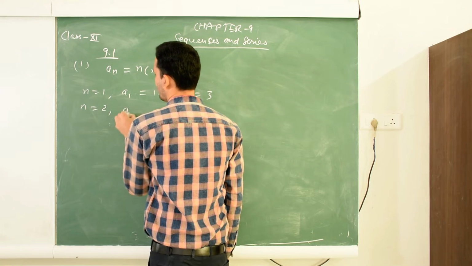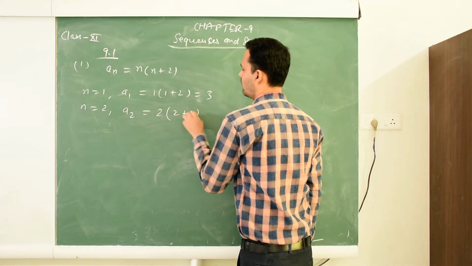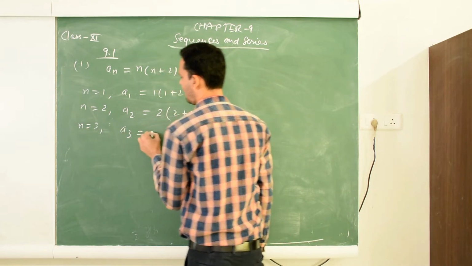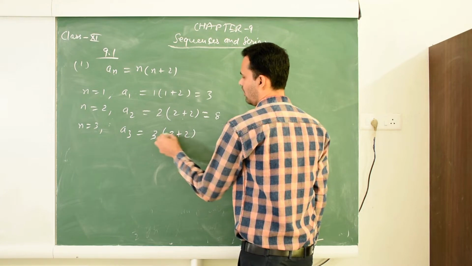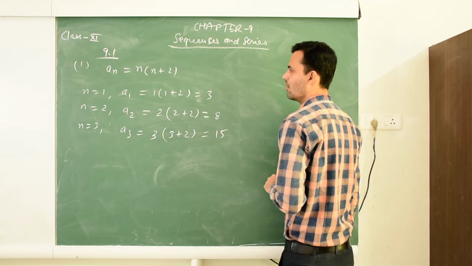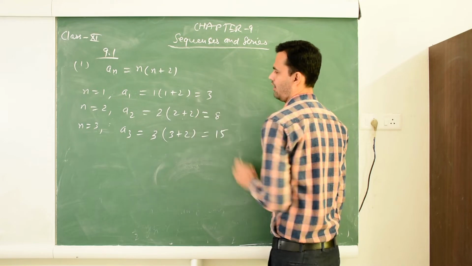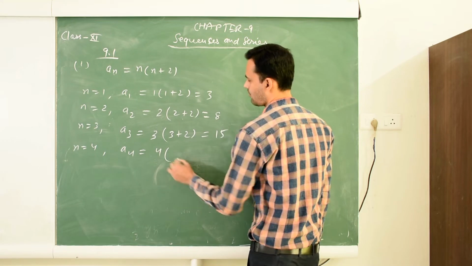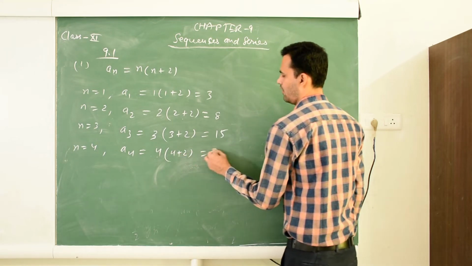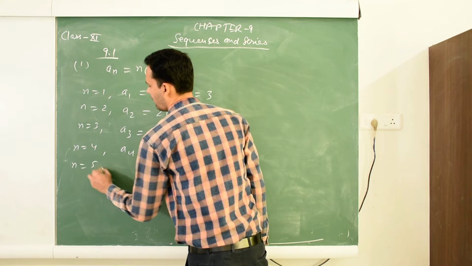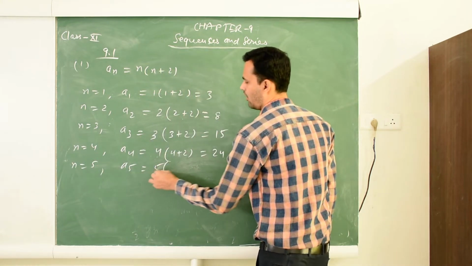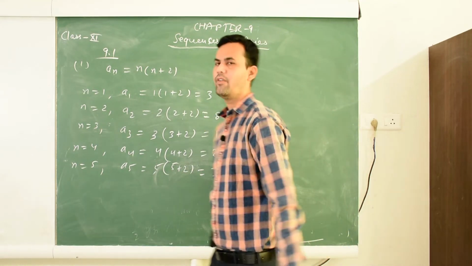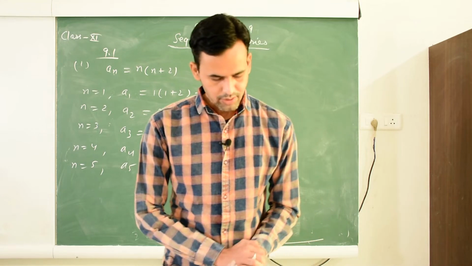N equals 2, A2 is 2 plus 2, 4 2s are 8. N equals 3, A3 is 3 plus 2, 5 3s are 15. N equals 4, A4 is 4 plus 2, 6 4s are 24. N equals 5, A5 is 5 plus 2, 7 5s are 35. So these are the 5 terms of this sequence.